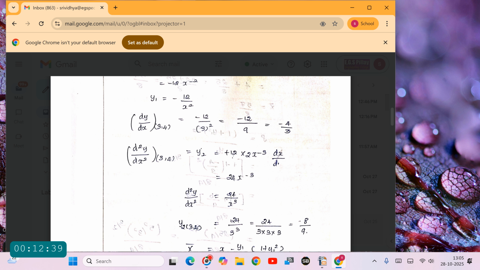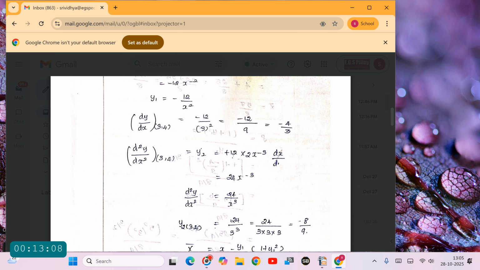Okay. So in the next stage, we have to find d square y by dx square at the point 3 comma 4. So d square y by dx square is the derivative of minus 12 x power minus 2. Differentiation of x power minus 2 is minus 2 x power minus 2 minus 1, the same formula d by dx of x power n equal to n x power n minus 1. So minus 12 into minus 2 x power minus 2 minus 1, we are getting 24 x power minus 3.